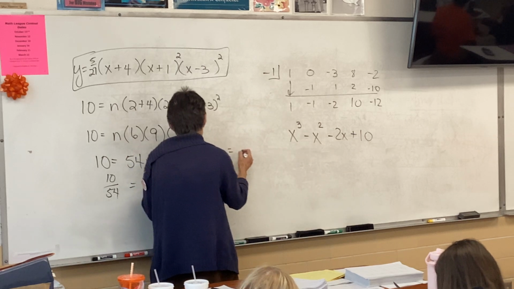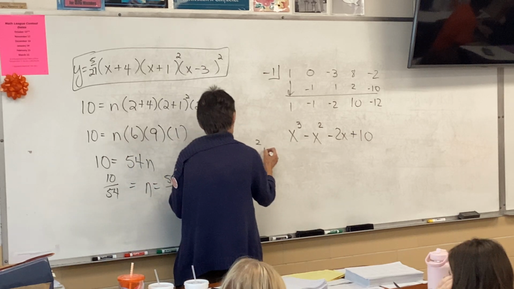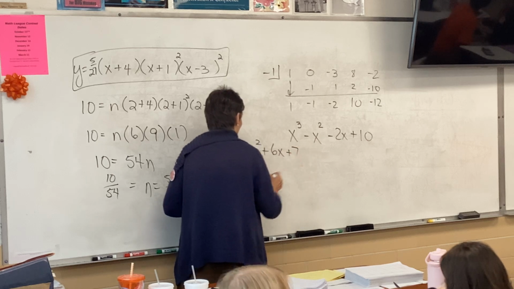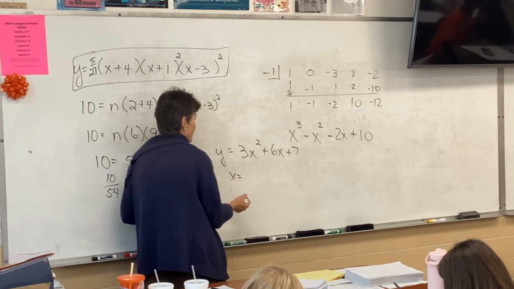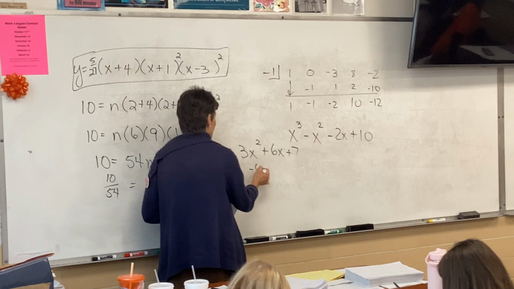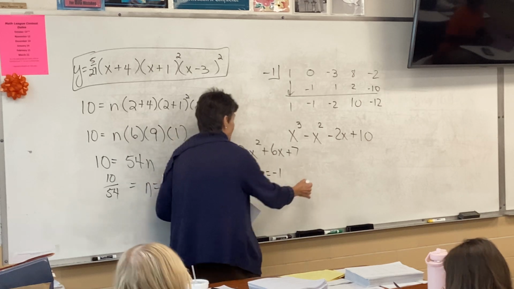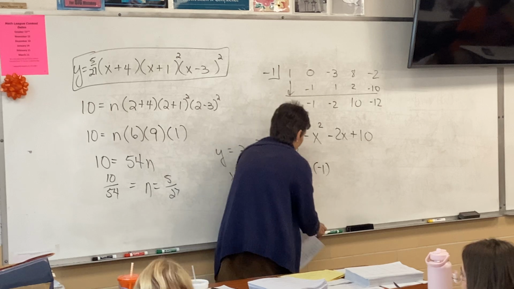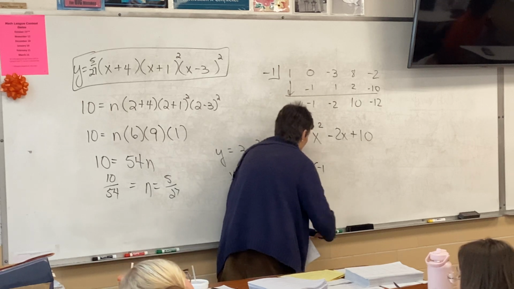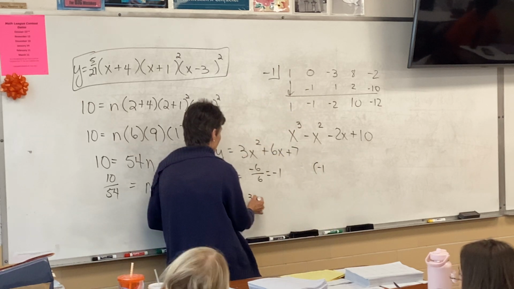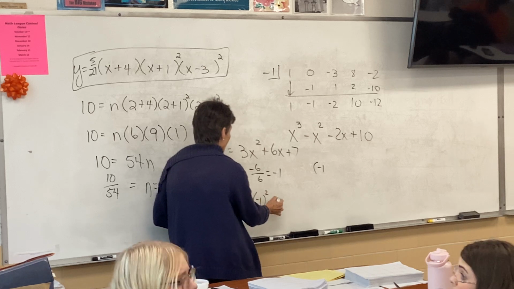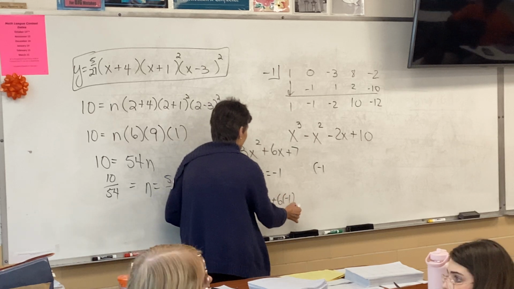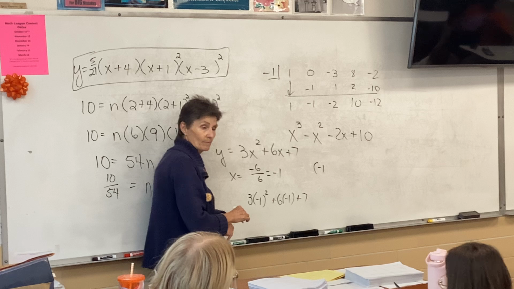Guys, look, we got a question about this quiz. We're finding our vertex, axis of symmetry and direction of opening. So negative b over 2a would be negative 1. And then I'm going to plug that negative 1 in. So I have 3 times negative 1 squared, minus 6 times negative 1 plus 7.